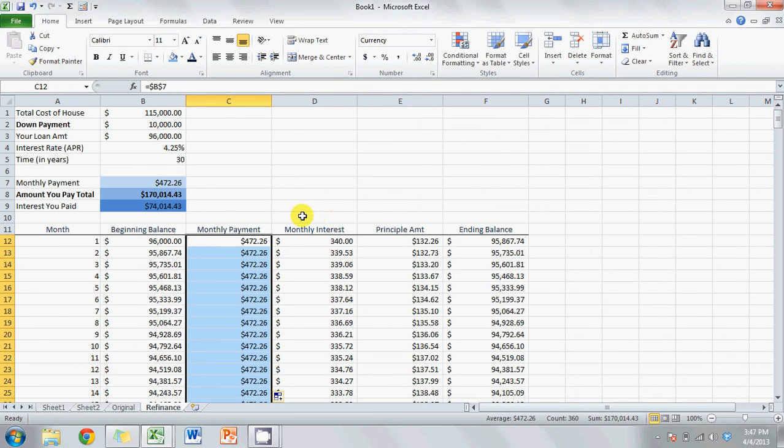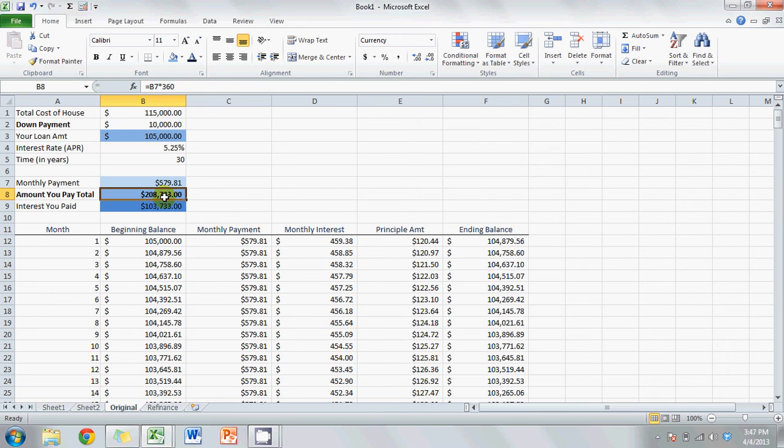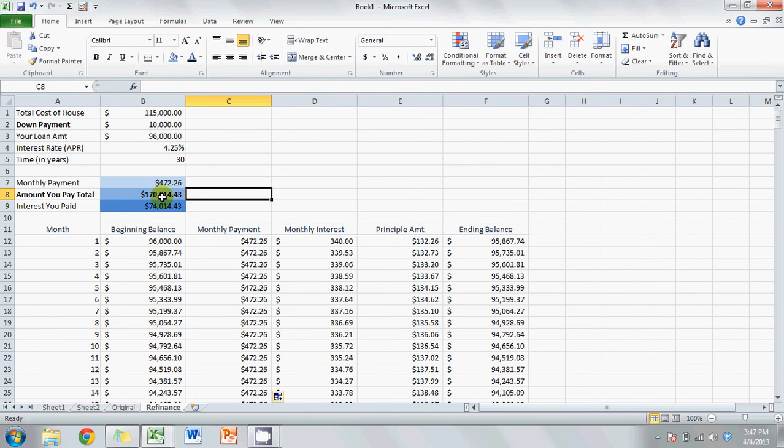So if on your refinance you want to know, is the total amount I'm paying going to be more or less than it was before? So we're going to do equals. We're going to take this amount that we're going to pay off after the end of the 30 years, and we're going to add in parentheses, we were paying $579 before. We paid it for 60 months.